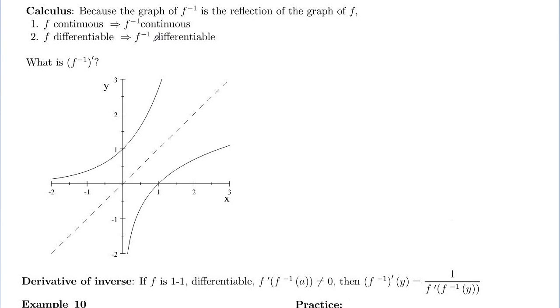So notice this, because the graph of f inverse is the reflection of the graph of f, if f is continuous, the graph's all one connected piece, then f inverse is continuous. So you reflect it, the graph's all one continuous piece. So for example, down here, let's say that this is the graph of y equals f of x.